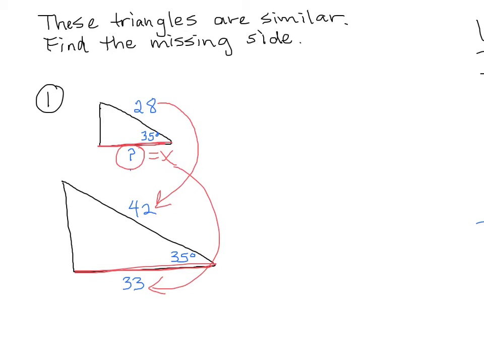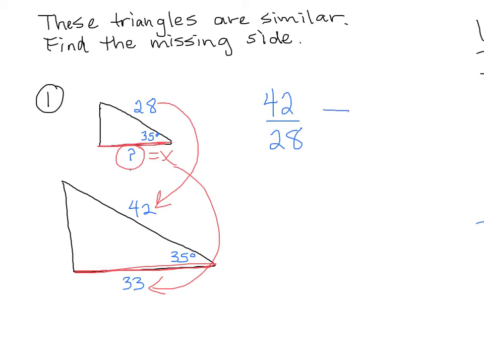And if those fractions, those ratios are supposed to be equal, let's go ahead and set them equal to each other as an equation. So I'm going to take the sides that I know, and I like to do the larger side or the larger triangle over the smaller triangle, but it does not matter. You could switch those and do 28 over 42.